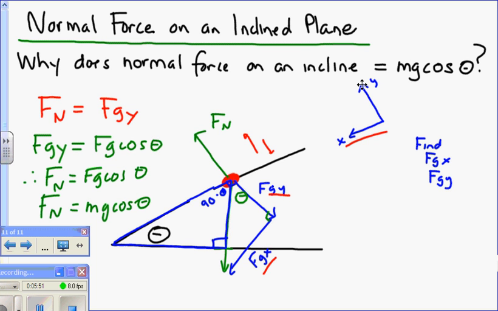Okay, so that is the answer to the question: why is the normal force equal to mg cos theta? That's why. It'd be nice if you could include that drawing on your test to show me how you know that Fn equals mg cos theta.